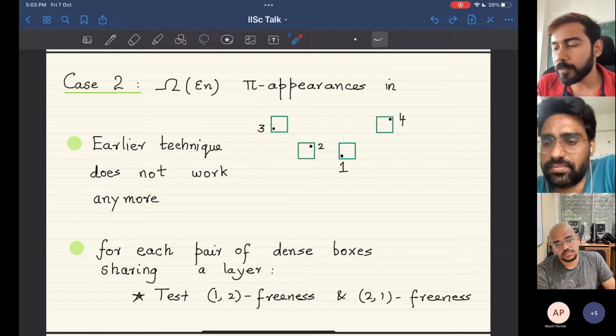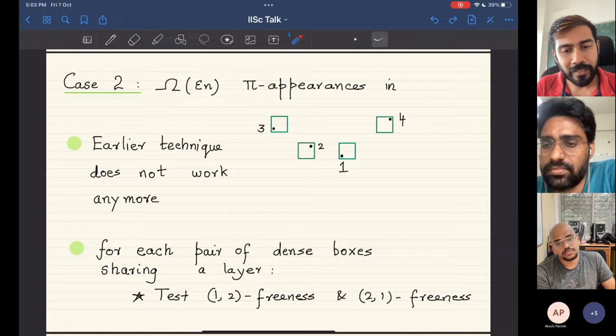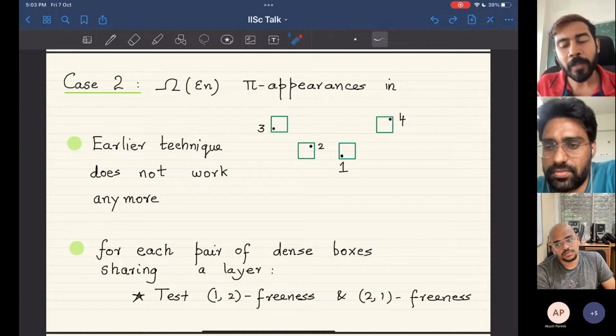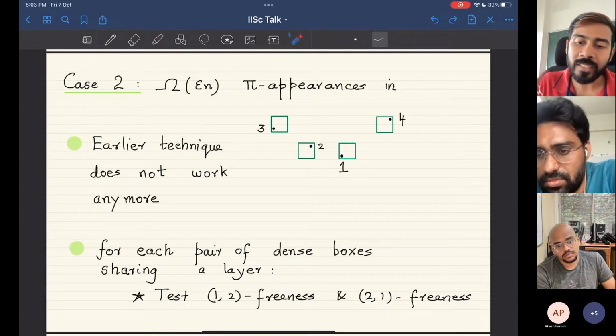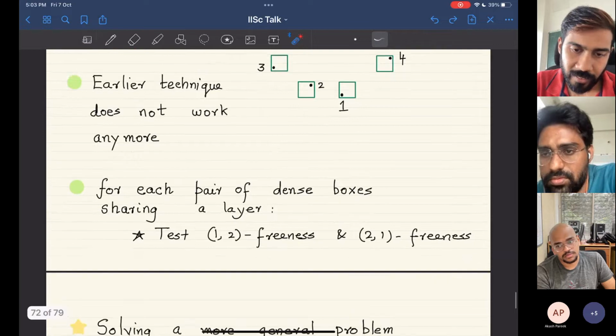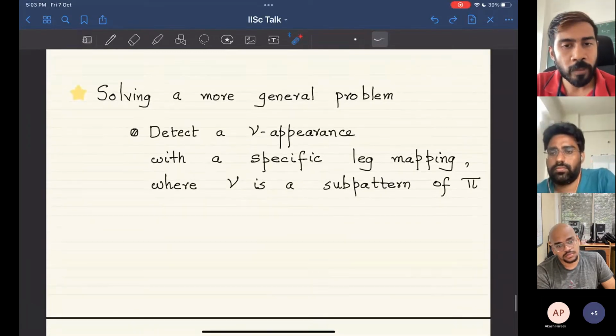Ultimately we end up solving a much more general problem: we are not simply testing for pi-freeness, we are testing for pattern freeness with some specific leg restrictions. This is at least as hard as pi-freeness.